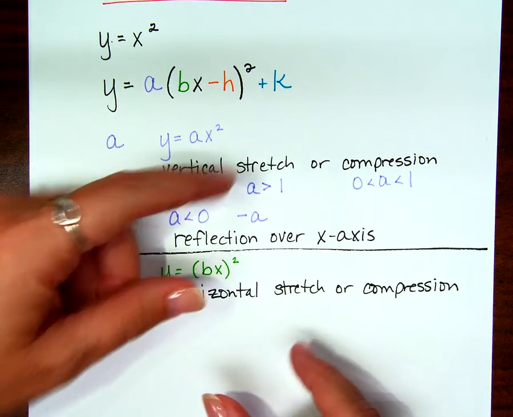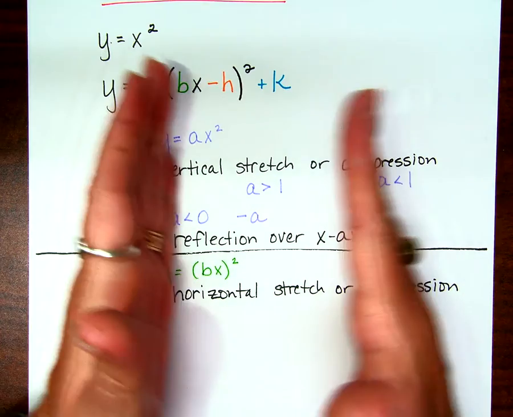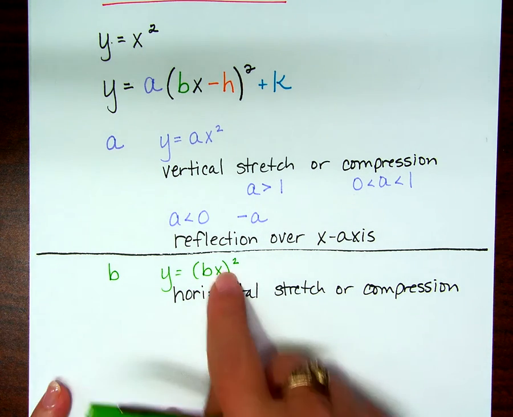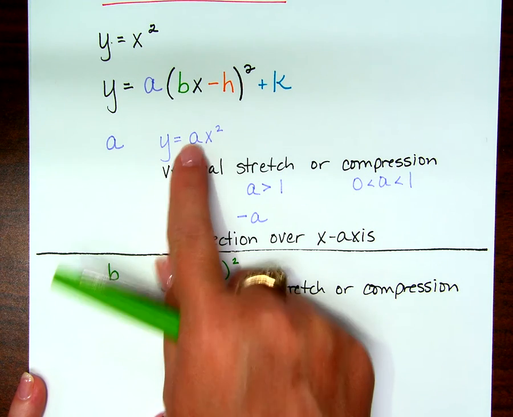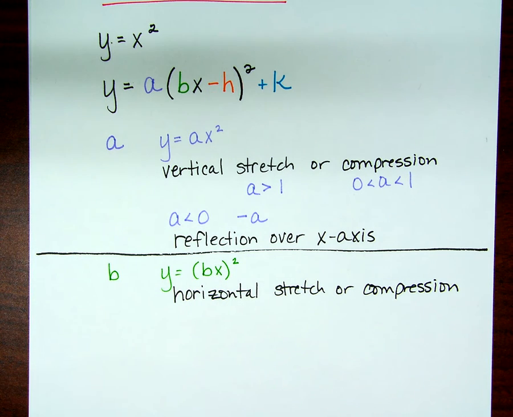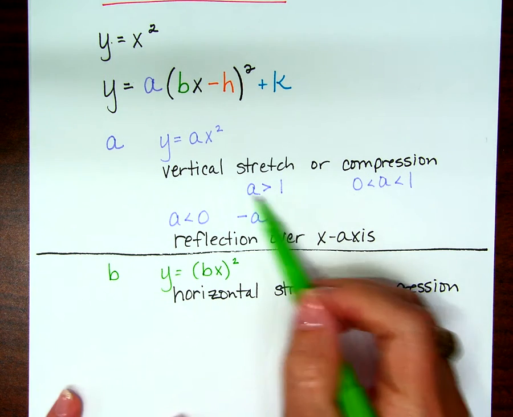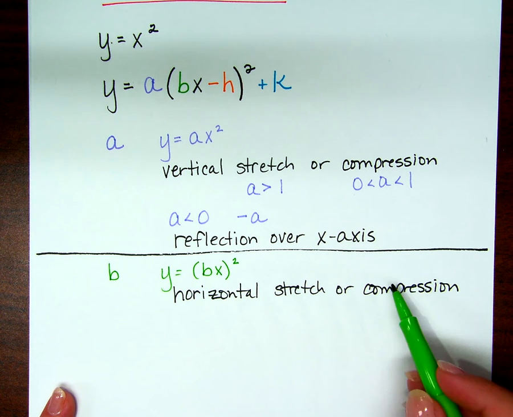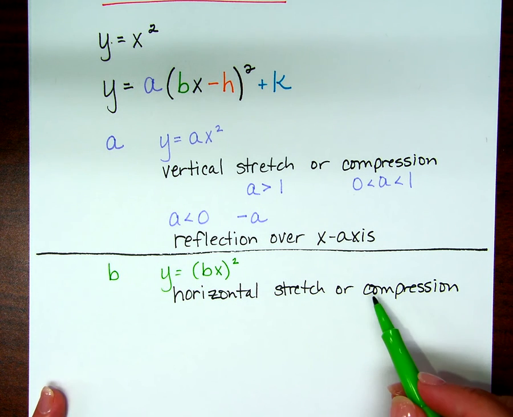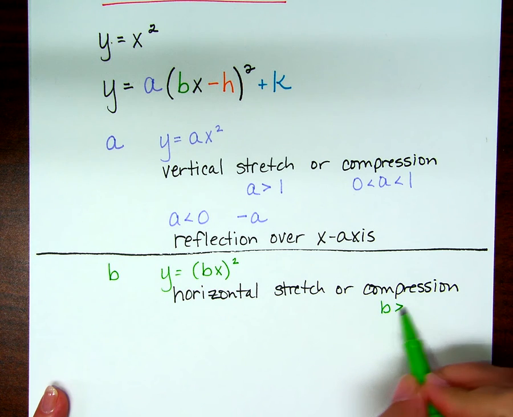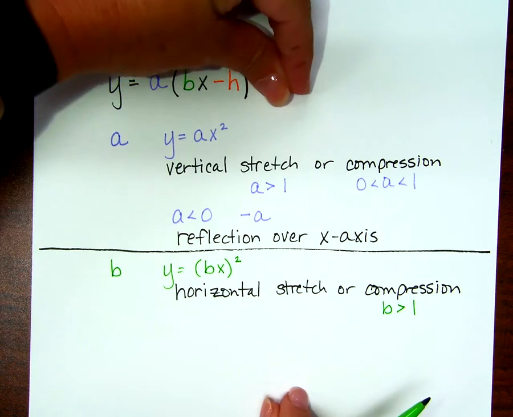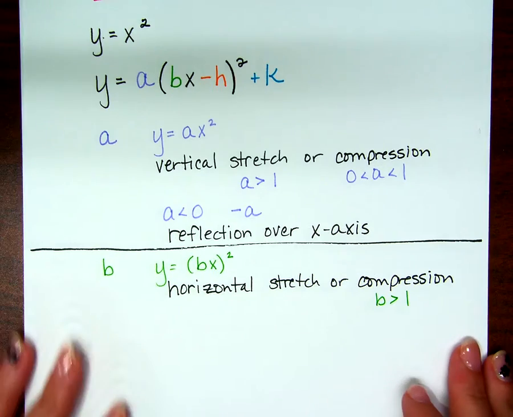So wait, how do you tell the difference whether it's a vertical stretch or a horizontal compression? If you're just looking at the graph, you can't. The only way you can tell is by looking at the equation whether the number is outside or inside. But does it make sense that if a vertical stretch is when A is greater than 1, then B greater than 1 is going to be a horizontal compression? Does that make sense? Because a vertical stretch and a horizontal compression should be the same thing, right?